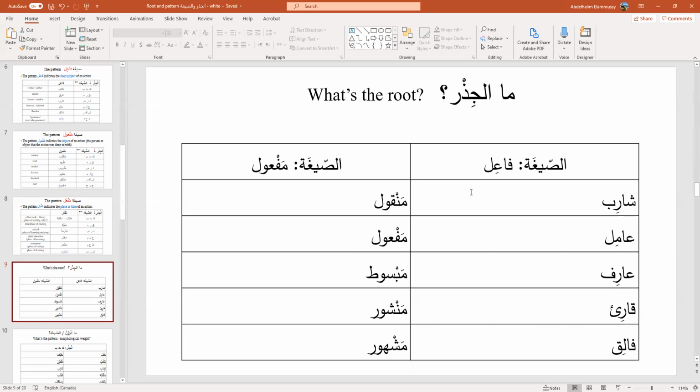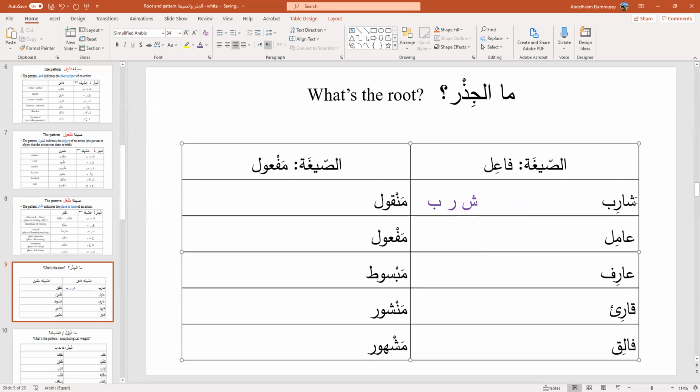So let's see, the root for this will be shin ra ba. Amil, this is the pattern. So how can you know that?